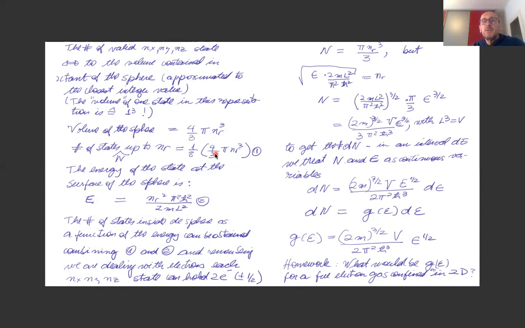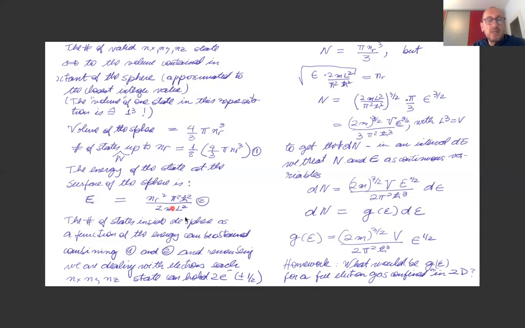Okay, so I want to use the expression that I could get from nr, plug it in here, and write down an expression for this number n, the number of states up to nr, as a function of the energy. As nr grows, the energy grows up. Okay, so I'm getting higher number of states if I go up.